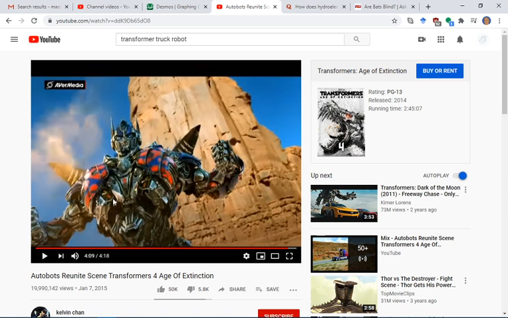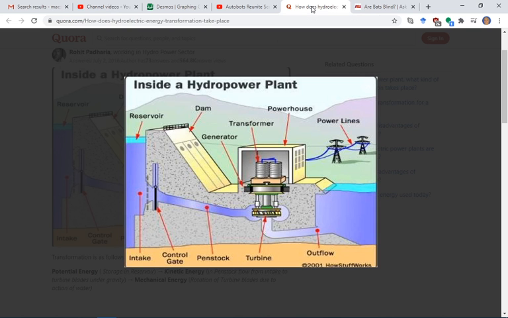But going to something a bit more serious, where else do you hear about transformers? Of course, you hear about the transformer station being close to your home and such. And the topic actually does come up in engineering quite a bit, where you are constantly transforming energy from one form to another form.